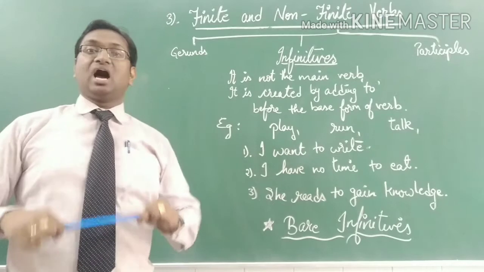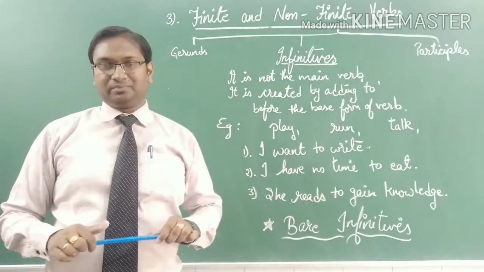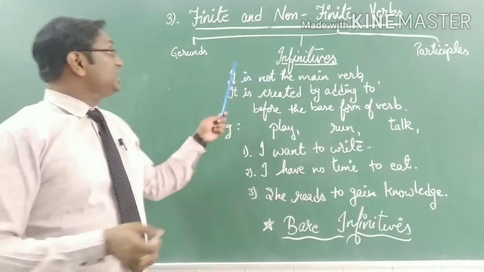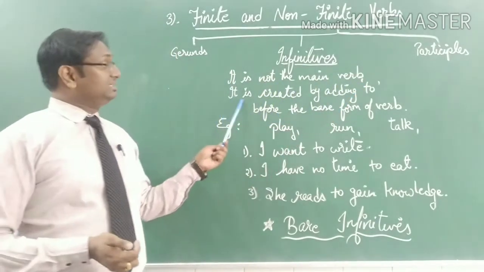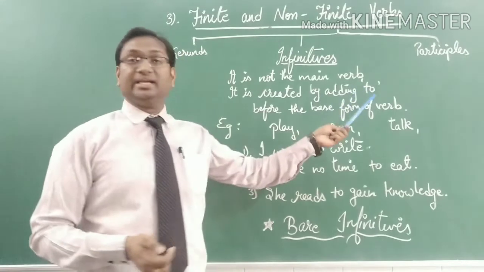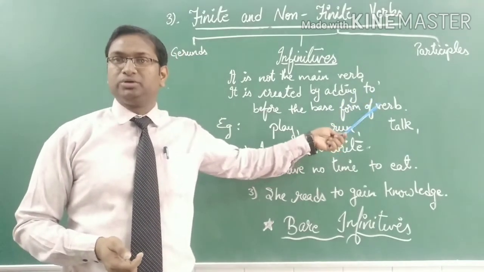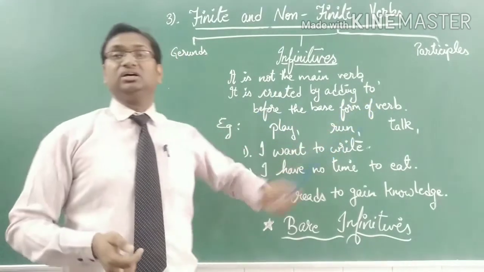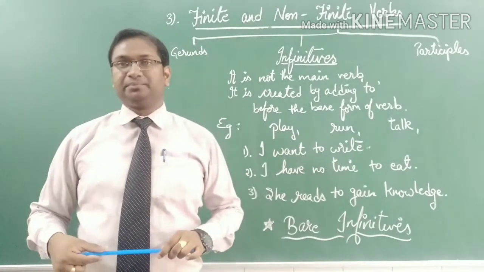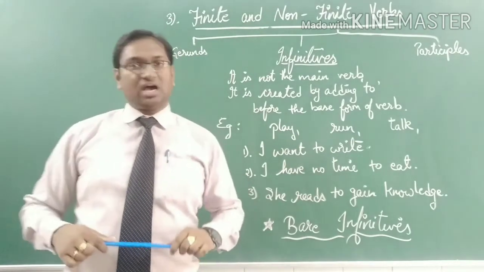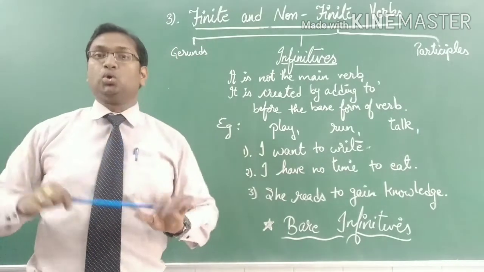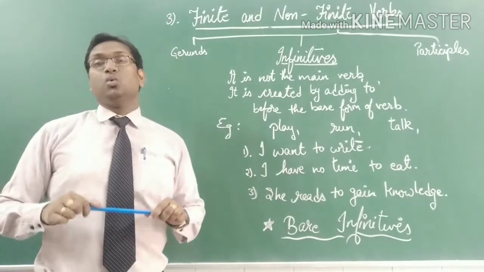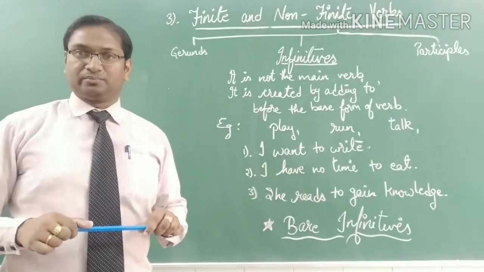Now infinitives are not the main verbs. I repeat, it is not the main verb. It is created by adding to before the base form of verb. So infinitives are not main verbs and we use to before the verb's base form.